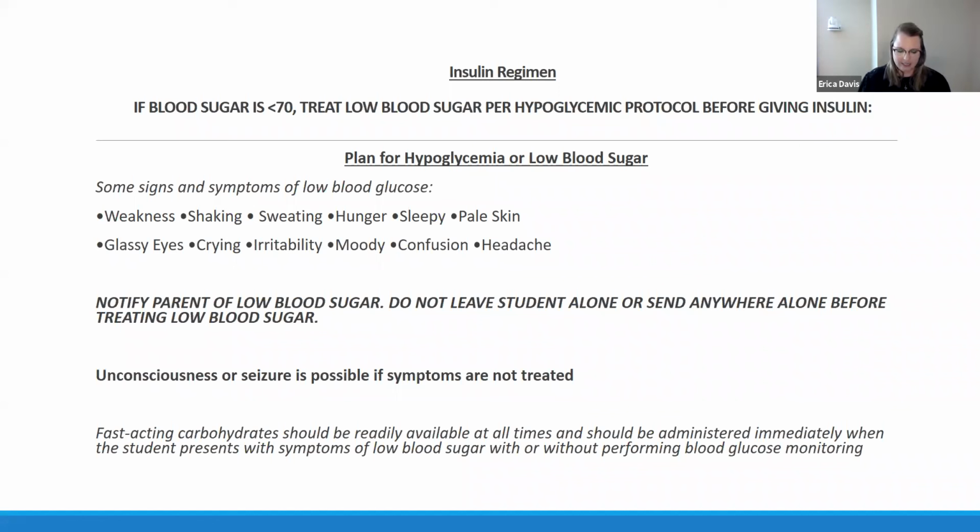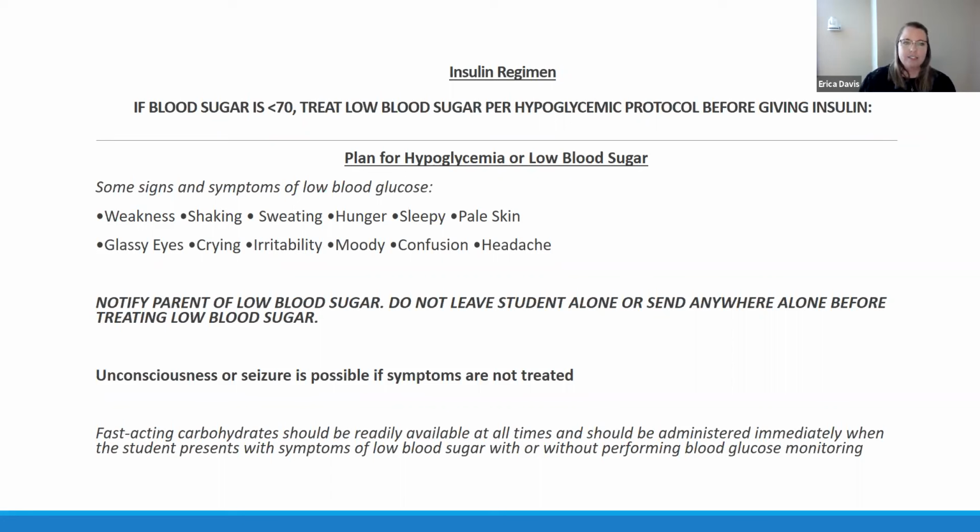You'll see this in here and throughout the PowerPoint. We're going to go through if a child is symptomatic of a low blood sugar, and these symptoms may be something that the child is able to verbalize, or it may be something that you're noticing with that child, or a teacher is noticing, or another student is noticing, and the child themselves may not be able to communicate that they don't feel well.